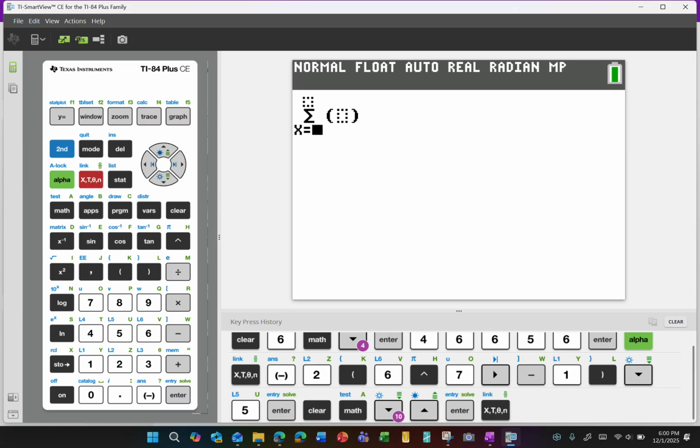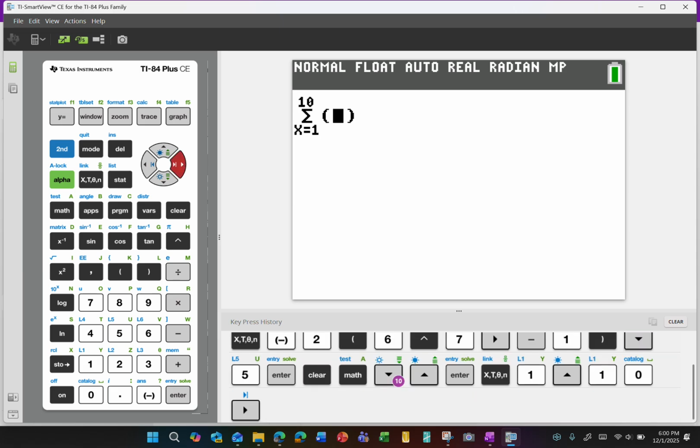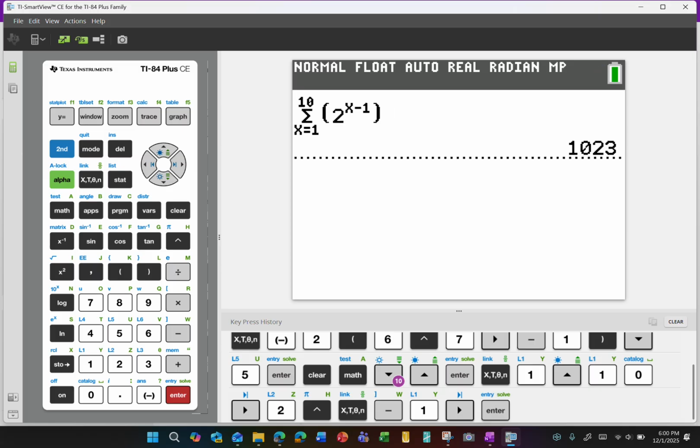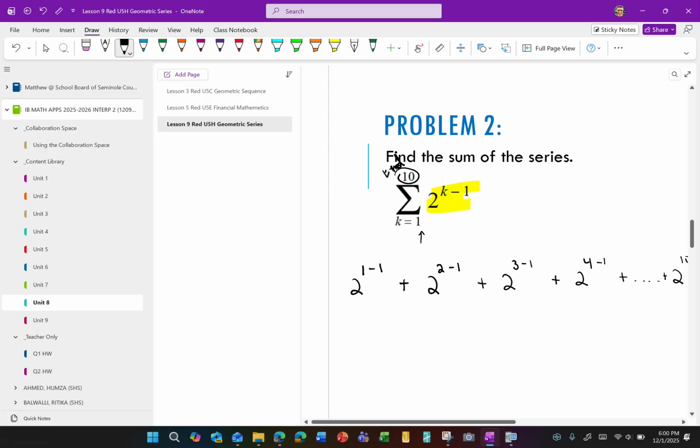Instead of using k, like in our example here, I'm just going to use x. It started with a 1 on the bottom. On the top, there was a 10. And the expression was 2 with the exponent k minus 1, so we're just going to do 2 to the exponent x minus 1. If I just hit enter, it sums up the series for me. I don't have to do any work. It's pretty great.